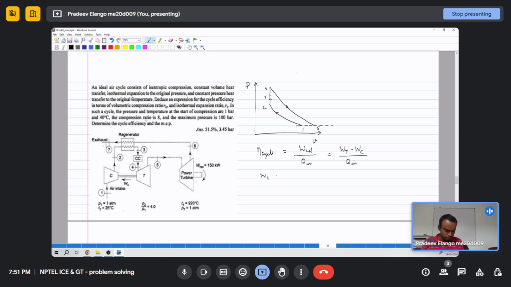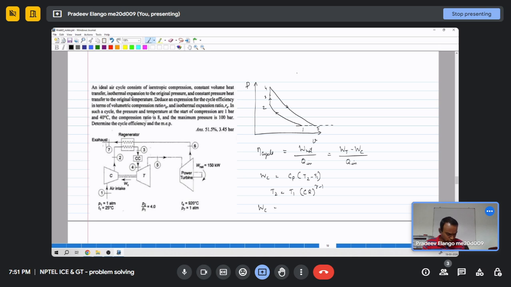Compression work can be given by Cp into T2 minus T1, and here T2 is T1 into compression ratio power gamma minus 1.